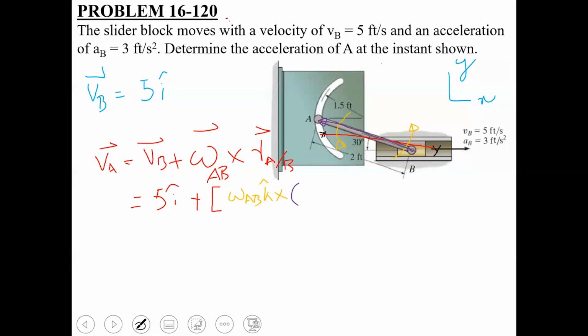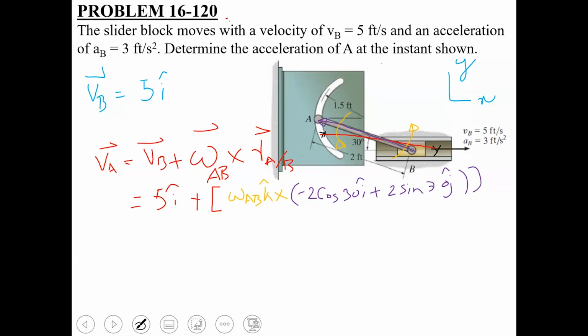The total magnitude of this vector is 2 units and the angle is given to you as 30 degrees. So we can write it as minus 2 cos 30 i plus 2 sin 30 j. So this is going to be the vector form of R AB.